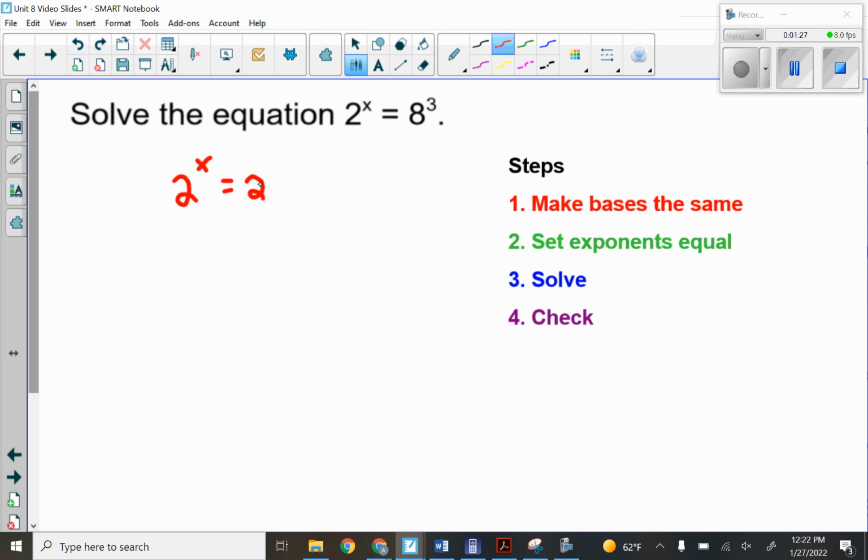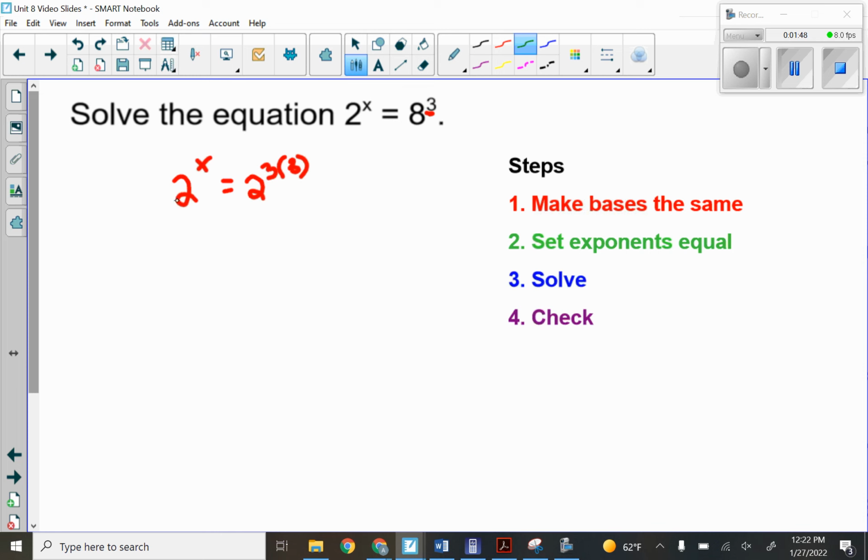But then we have to figure out, well, what can we raise 2 to so that it would give us 8? And that would be the 3rd power. But we already had this exponent of 3 there, so we have to keep it there.